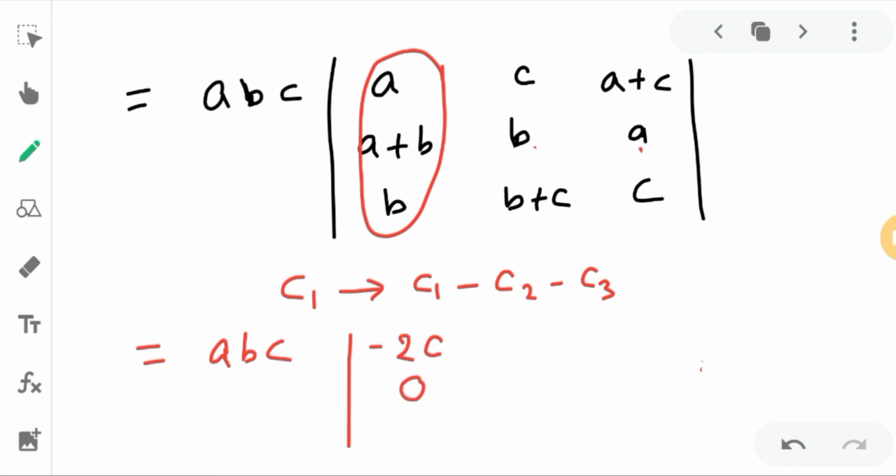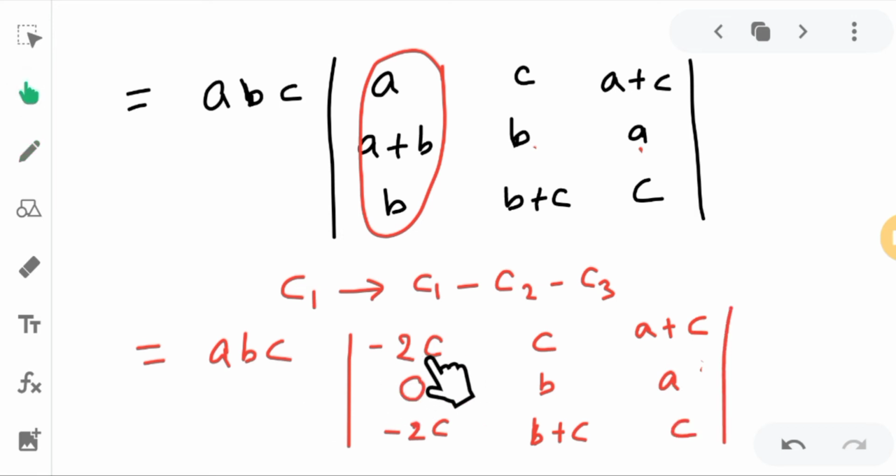Similarly, for this one, B minus B cancel, so minus 2C will remain. And it will be C, B and B plus C, because the operation was performed only on C1. C2 and C3 will be as they are. Okay, so I got this.